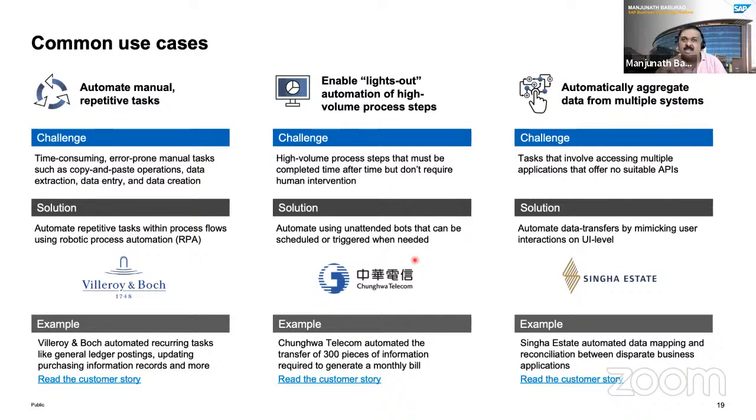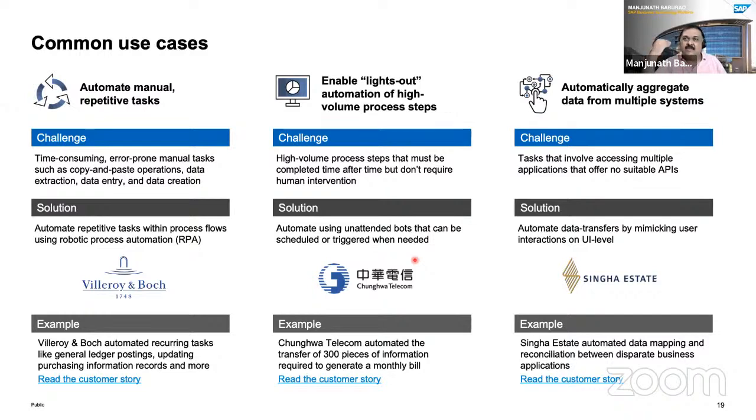Second one, what we call lights out automation. There's a huge mass of data that is coming in. Maybe at the end of every quarter, you get data from a lot of your subsidiaries, a lot of your franchisees together. You are then taking all of this data in the same format and putting that into your backend system for, let's say, 1,000 lines within one day, right?